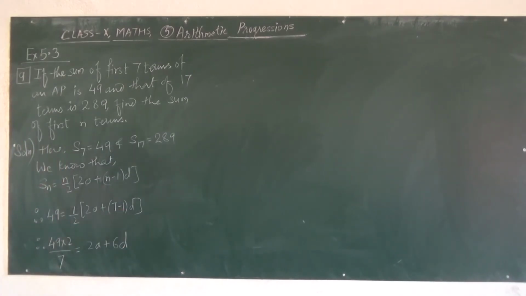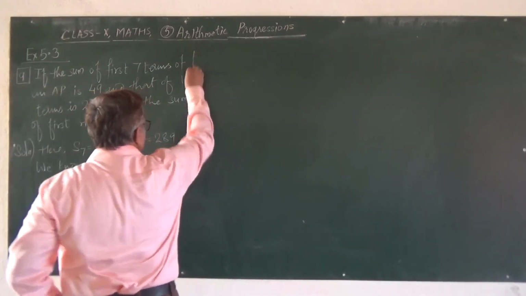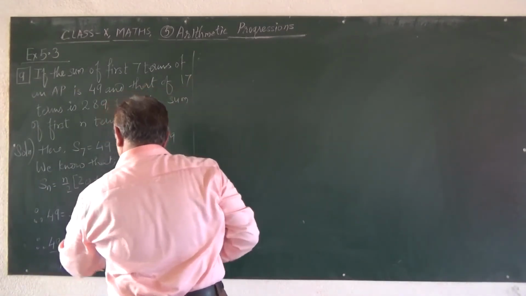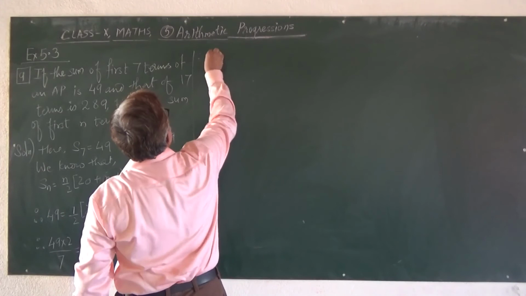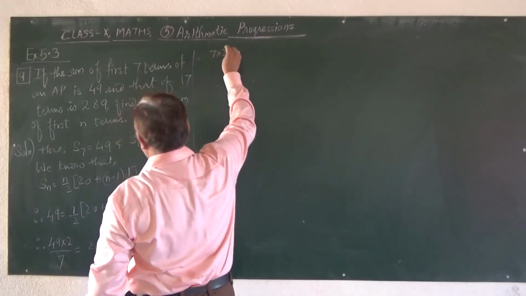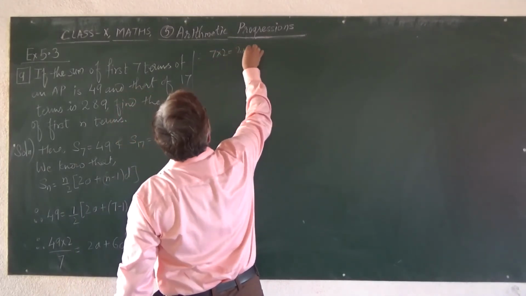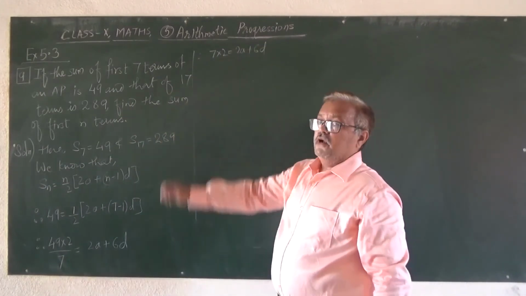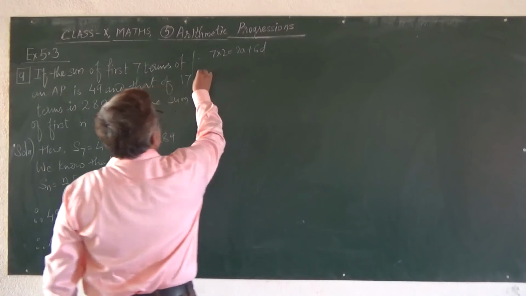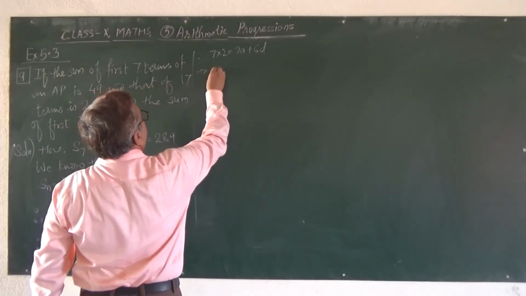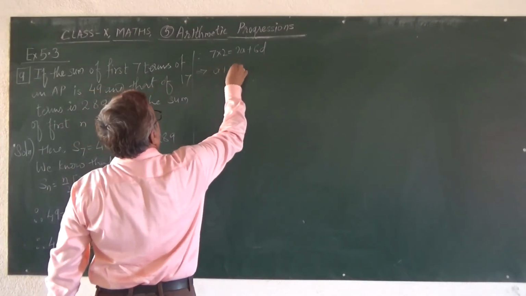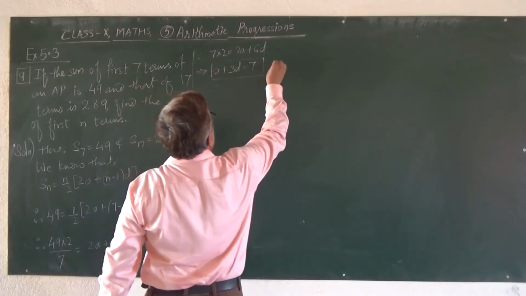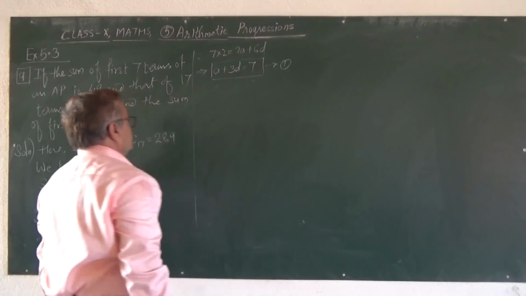If you simplify this, dividing by 7, 7 into 2 is equal to 2a plus 6d. Divide the entire equation by 2. It will become a plus 3d is equal to 7. We call this equation number 1.